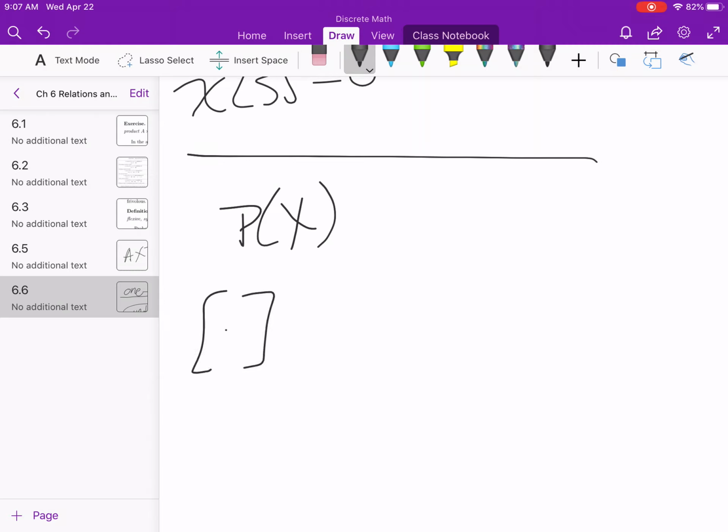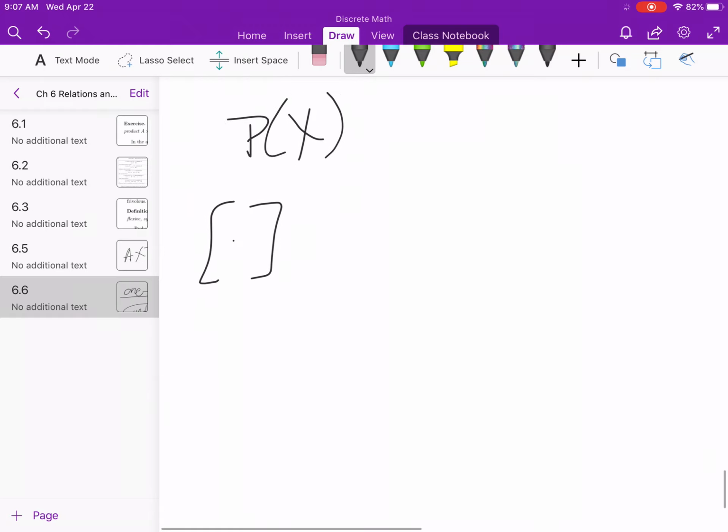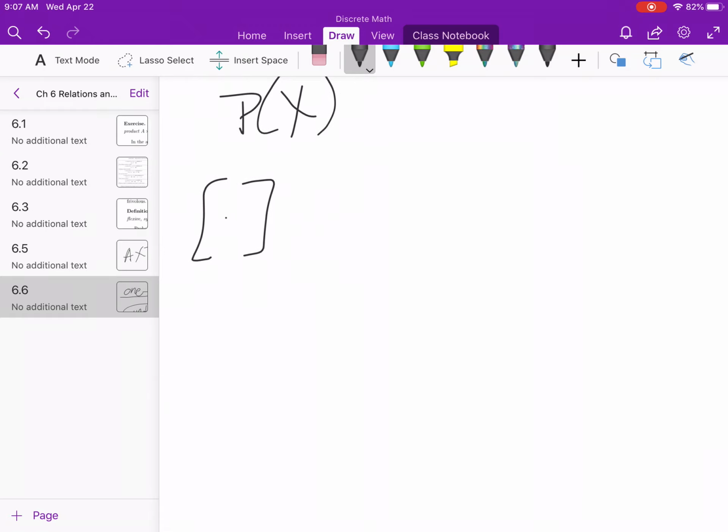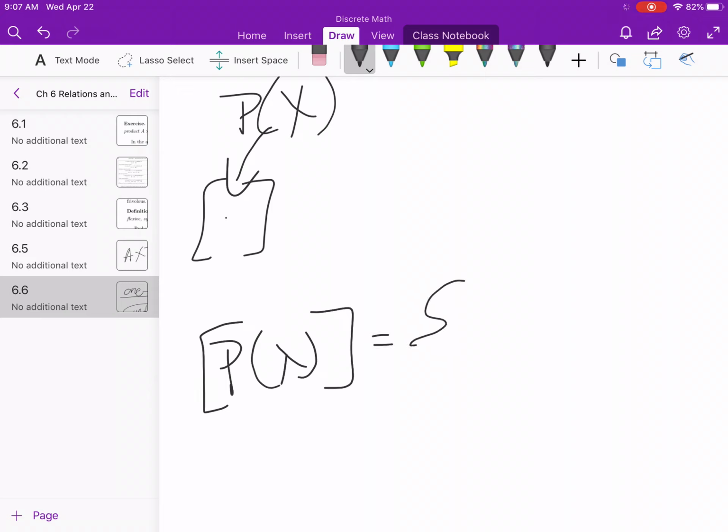These brackets are called the Iverson brackets. I put my open sentence inside, and I can think of this as a sort of characteristic function in a way. It's going to give me 1 if P of X is true, and it will give me 0 otherwise, so if it's not true.